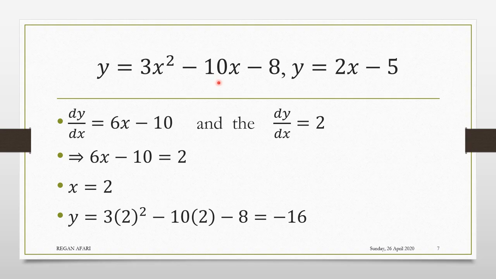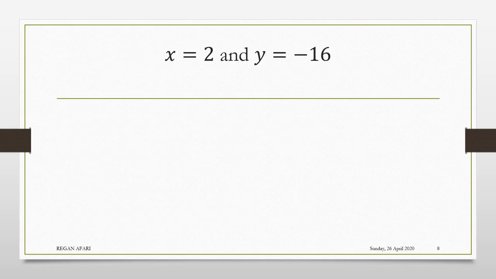Hence we'll put the value of x into the curve, and that gives us negative 16. So we have the gradient, which is 2, we have the x value, and we have the y value, so we can find the equation of the tangent.